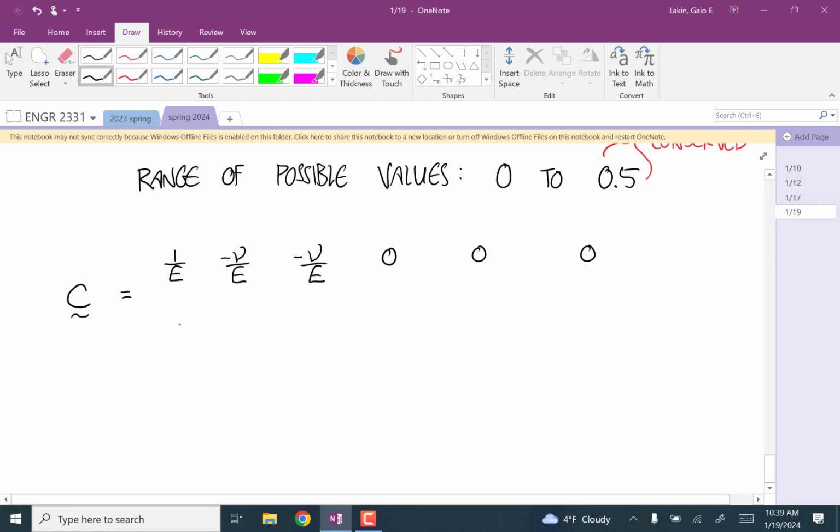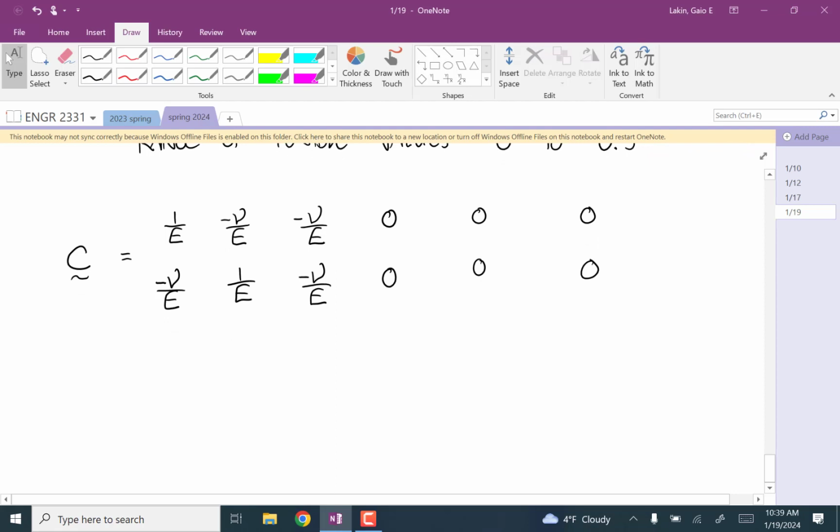The second row, so remember that 1 over E just keeps bopping along the row. So now for the second row, we have negative nu over E, 1 over E, negative nu over E, 0, 0, 0. Why did we make the nu positive on the last step and take it negative? I don't have the answer to that. I just want to remind you again that I didn't make any of these rules.